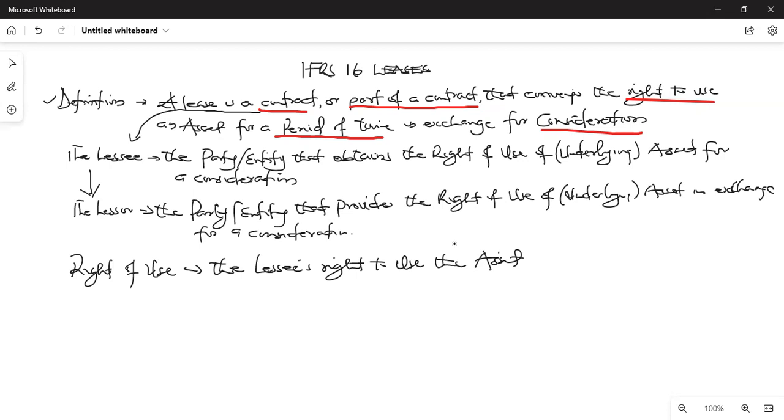It's on you to decide, all right? So that is that.